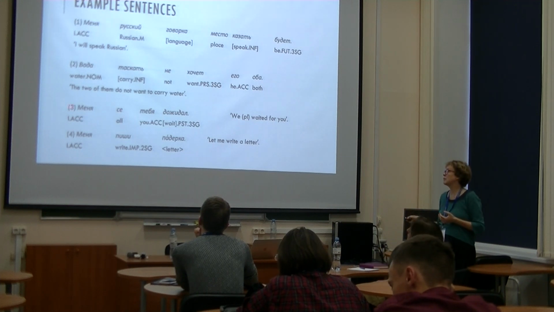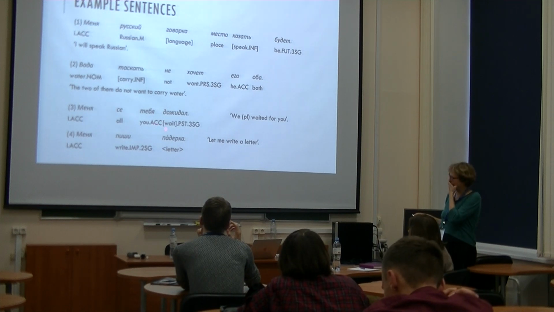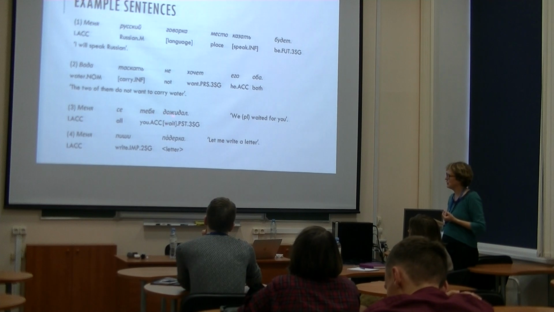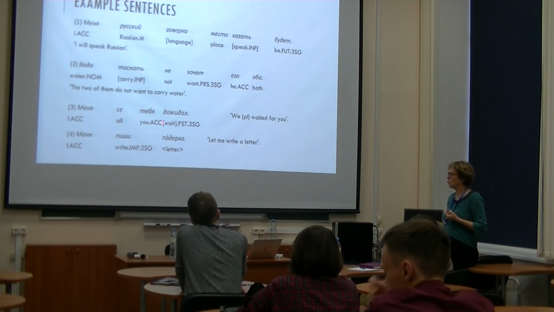And this is not occasional. This is also time when you want to say we, you say меня все. So I all. Okay, this is тебя, which is good. We waited for you, and it must be accusative, but the pronouns just do not decline, they're always accusative. And this is a nice case for standard Russian, because in Russian there is no such verb.